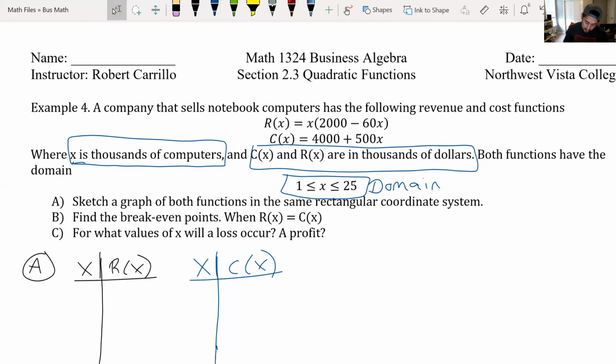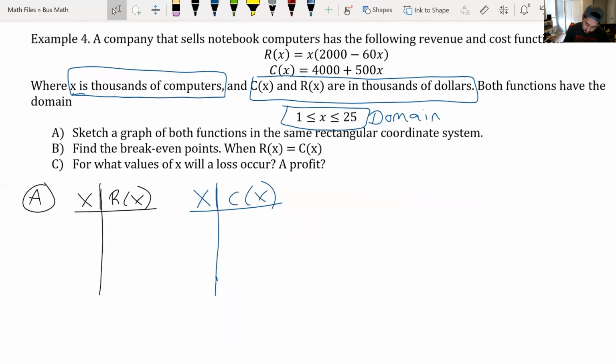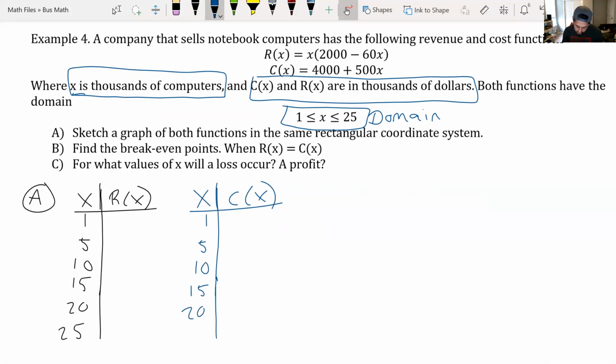So we're going to say 1, 5, 10, 15, 20, 25. And then 1, 5, 10, 15, 20, 25. And these are all numbers picked from the domain at the top of your paper.